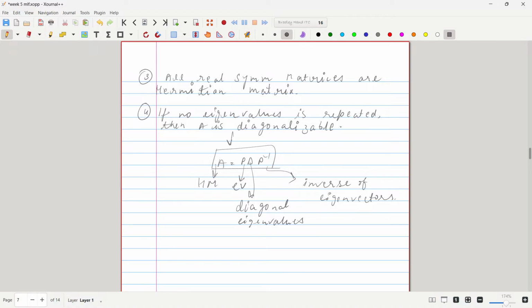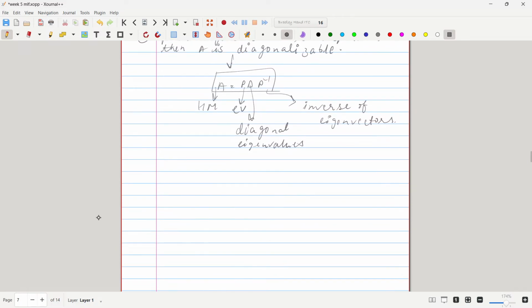Now the next property is quite important for this week. Suppose you have two eigenvectors, Ax equal to lambda 1 x and Ay equal to lambda 2 y, where lambda 1 is not equal to lambda 2.